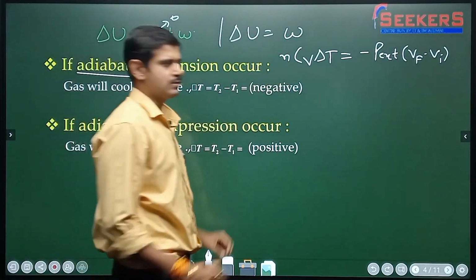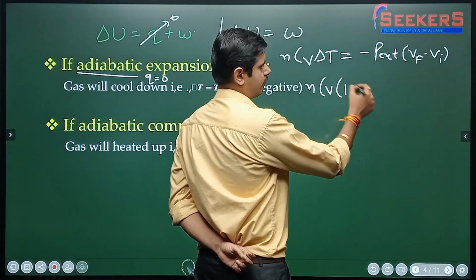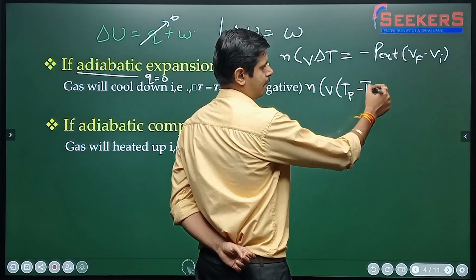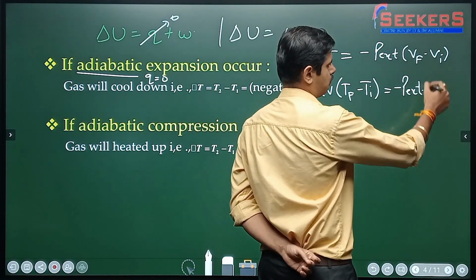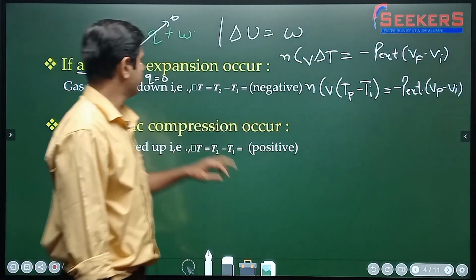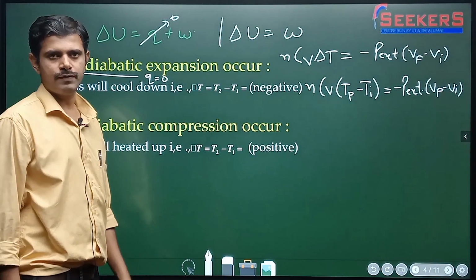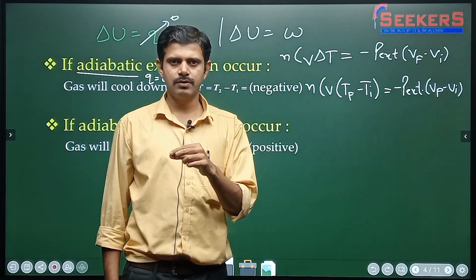What is delta T? It is also T final minus T initial. So n Cv times T final minus T initial equals minus P external times V final minus V initial. Now they are talking of expansion. Expansion means your V final will be greater than the V initial.